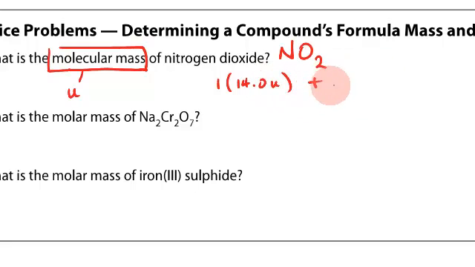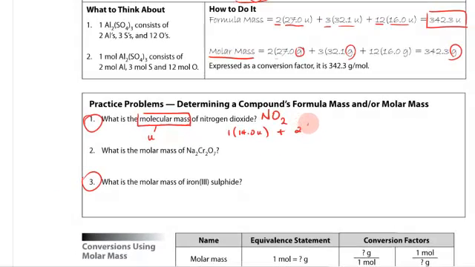And then I'm going to add it to 2 oxygens, 16.0 U's each. And then I just do my math. So 14 plus 32 gives me 46.0 U's. So that would be my molecular mass of nitrogen dioxide.